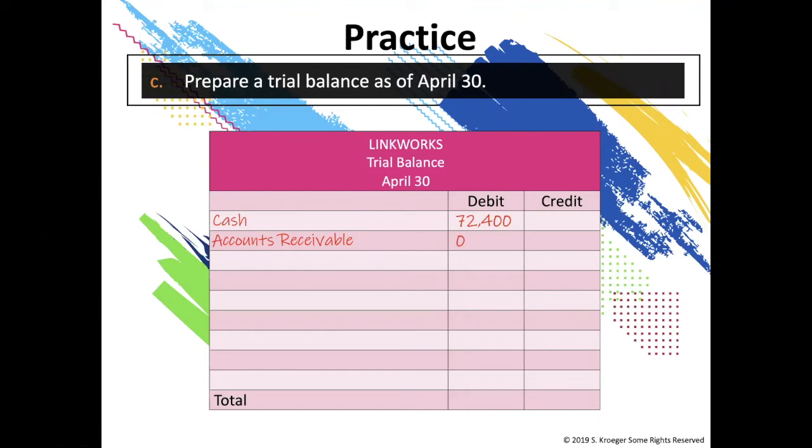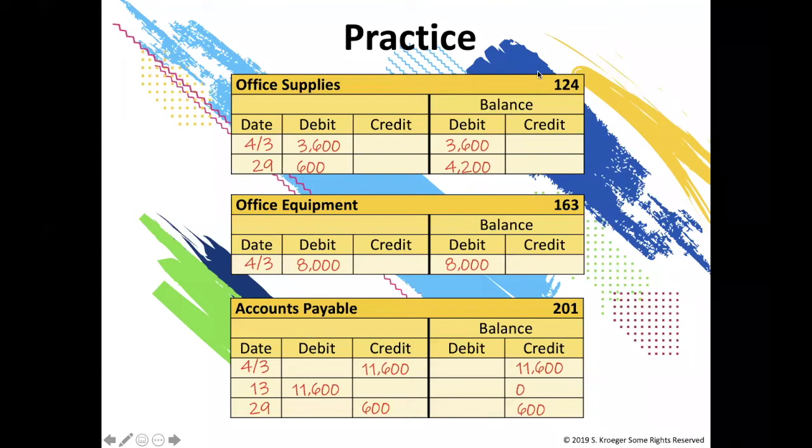Let's take a look at what comes after accounts receivable. Our final two asset accounts are office supplies and office equipment. We're going to list office supplies with the balance of $4,200 as a debit and office equipment with a debit balance of $8,000. After that, we'll also list accounts payable, which is a liability account, and it has a credit balance of $600. Let's list these three accounts next.